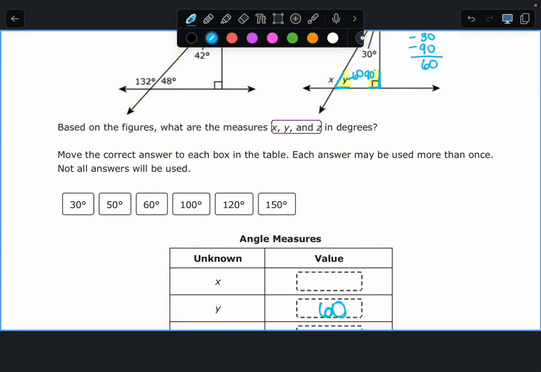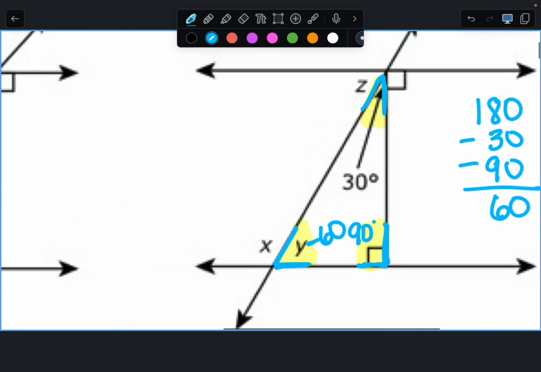Now which other one can I figure out next? You can go either way. Which one can I figure out next? Z. Okay, what do you know about Z? How can I figure out what Z is?